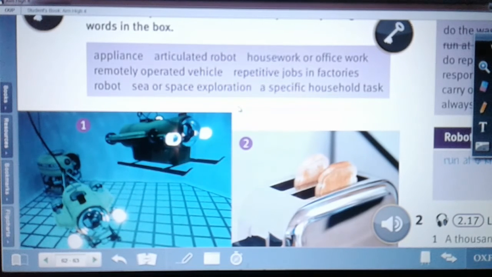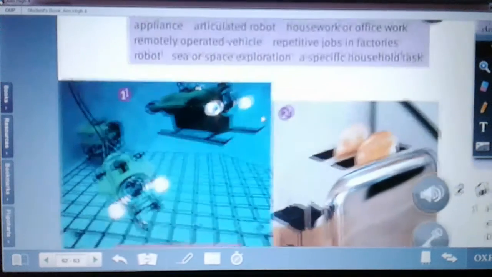Is it articulated robot or remotely operated vehicle? It is impossible for you to go under the sea, right? So this machine is operated from a distance. That's why this is a remotely operated vehicle.